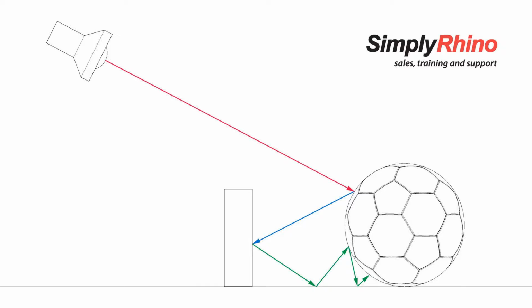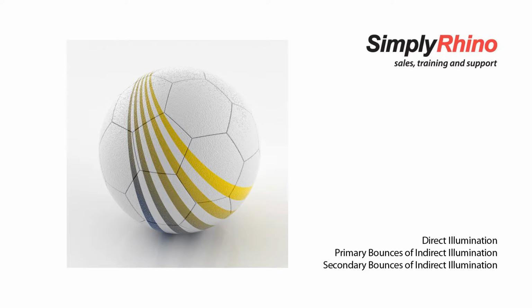Now, in order to explain why we might need to do this, let's consider first of all a fairly well-lit studio shot. Here we are looking at the result of direct illumination, which is a light source coming from behind the ball here, and we're also rendering both primary and secondary bounces of indirect illumination.